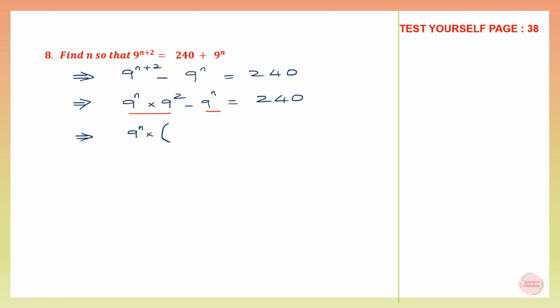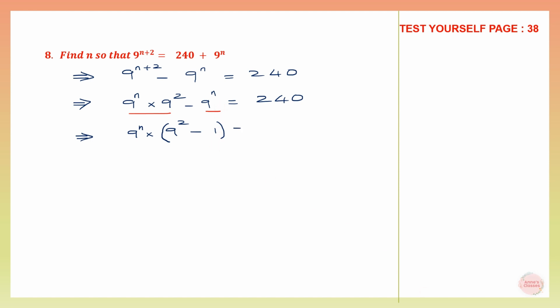So here I have 9 raised to the power of 2, which I'm going to write here. And here I already have 9 raised to the power of n outside. So instead of writing this again, I'm going to simply write 1. Why? Because 9 raised to the power of n into 1 is 9 raised to the power of n. So that is 1.